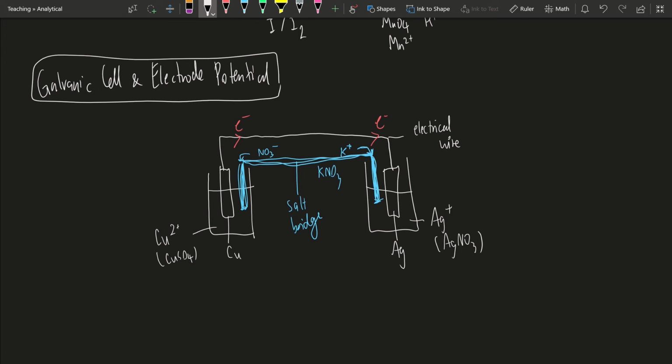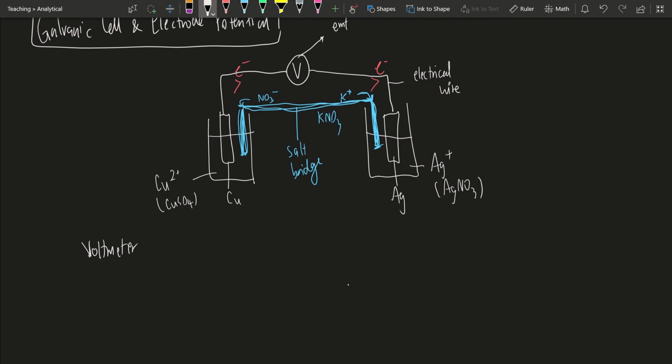But what if we put the voltmeter between it, which means that we have to delete this and connect this again. But now you put a voltmeter. I'm going to use the electrical circuit symbol here. So in general, a voltmeter will have a high resistance or high impedance so that the reaction will not occur yet, but at least you get some voltage or electromotive force to read.